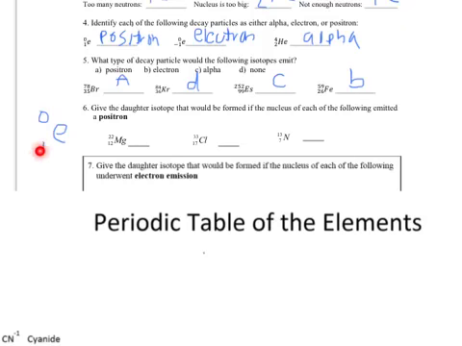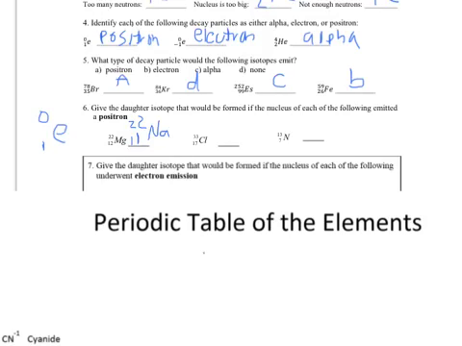So this particle here is going to leave this particle here, taking with it 0 mass and taking with it 1 unit of positive charge. So therefore what's left behind is 22 minus 0 is 22, 12 minus 1 is 11, and element number 11, if I look on my periodic table, is the element sodium. So that's the daughter isotope, sodium 22.